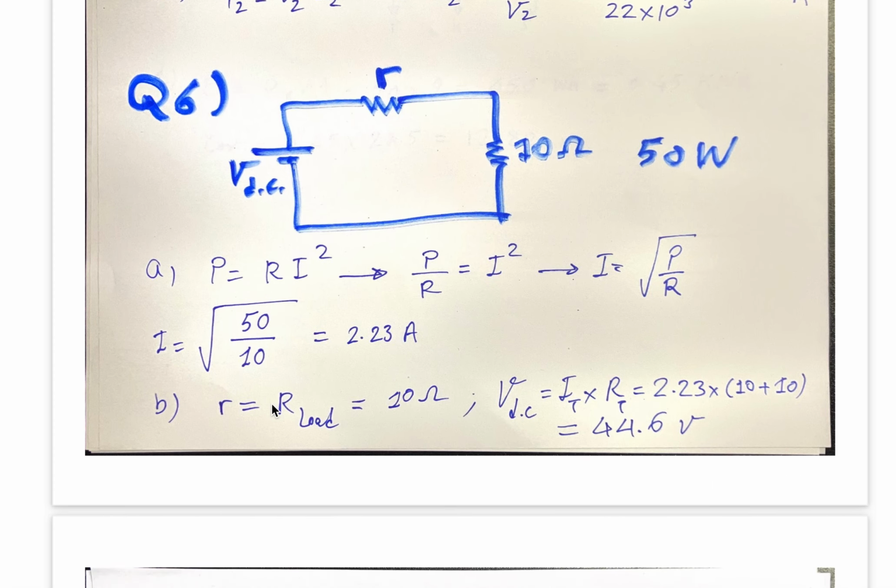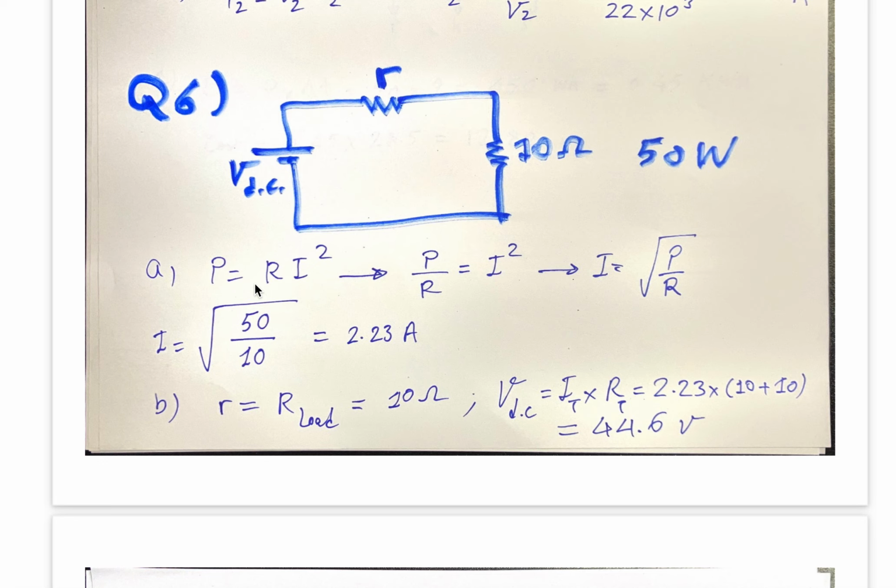Question number 6 is a system in which they say the load is dissipating maximum power, and they say that power is 50 watt. The resistance of the load is also given. The first question says, what is the current flowing through this load? Okay, I have this definition for power, which is actually a derivation of the main formulation of power, P equals VI.